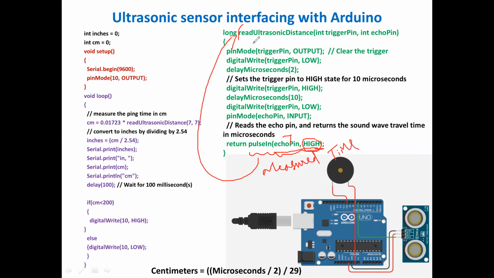So as per this function, it is going to give you the measured time in microseconds. With these microseconds, if you multiply this, you will be getting centimeters. That's it. So inches is centimeters divided by 2.54.